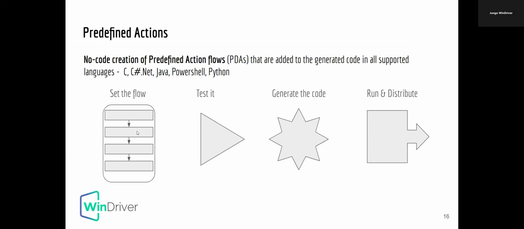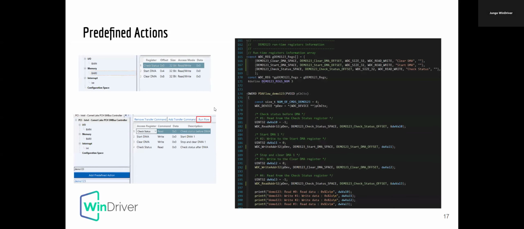Predefined actions, okay, talked about it, saw it: set the flow, test it, generate the code, and then run and distribute. No other hassle to perform it.